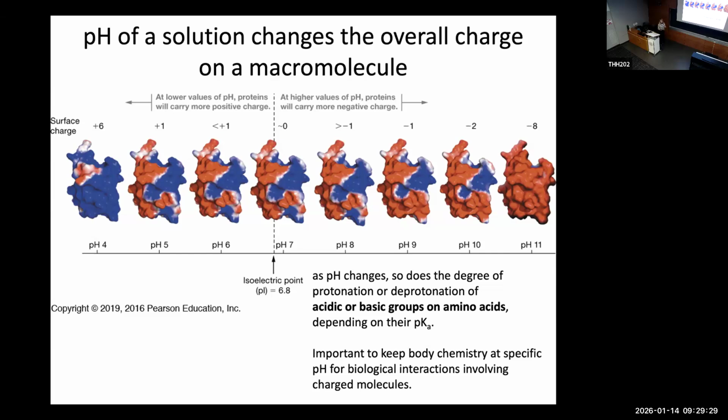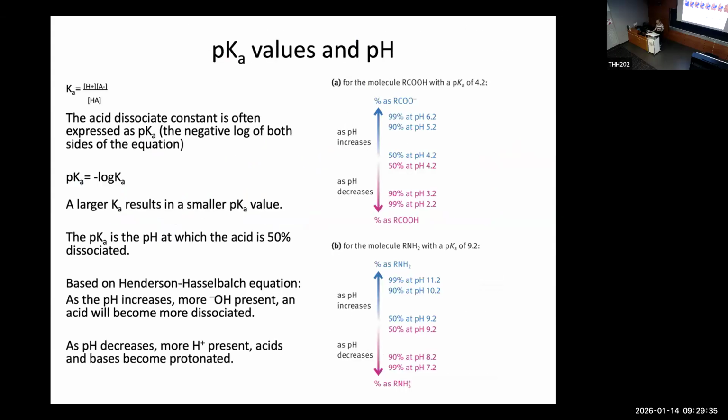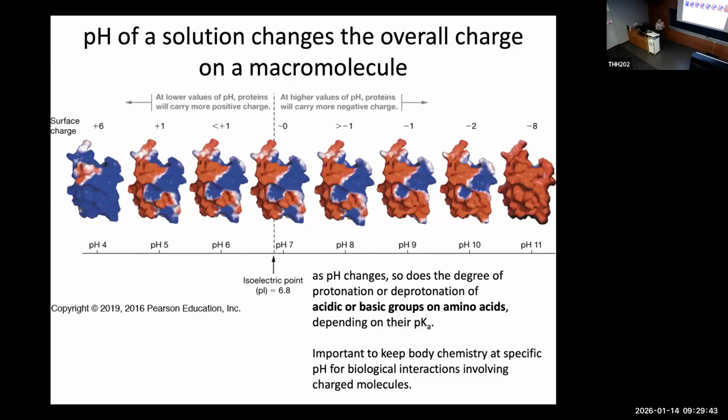So you can imagine it is going to have a pKa itself. There are only a few of them that can donate or gain protons back, and their protonation state is going to change depending on the pH the protein is sitting in.